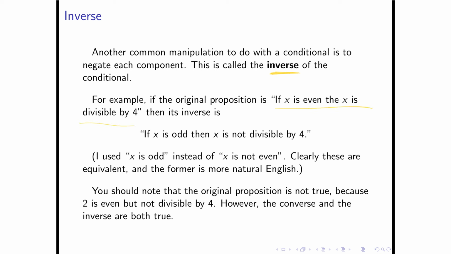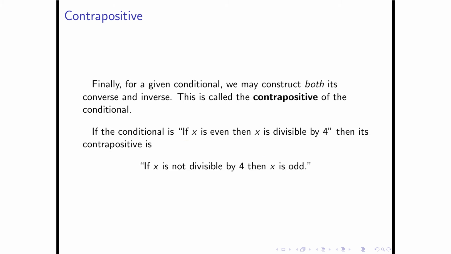Its inverse is if x is odd, because that is the negation of x is even, implicitly using the background knowledge that a number must be either even or odd. Of course, I'm imagining here natural numbers or integers. But in any case, this x is odd is the negation of x is even, so we negated there. And then x is not divisible by 4, that is the negation of x is divisible by 4. So this is the inverse.